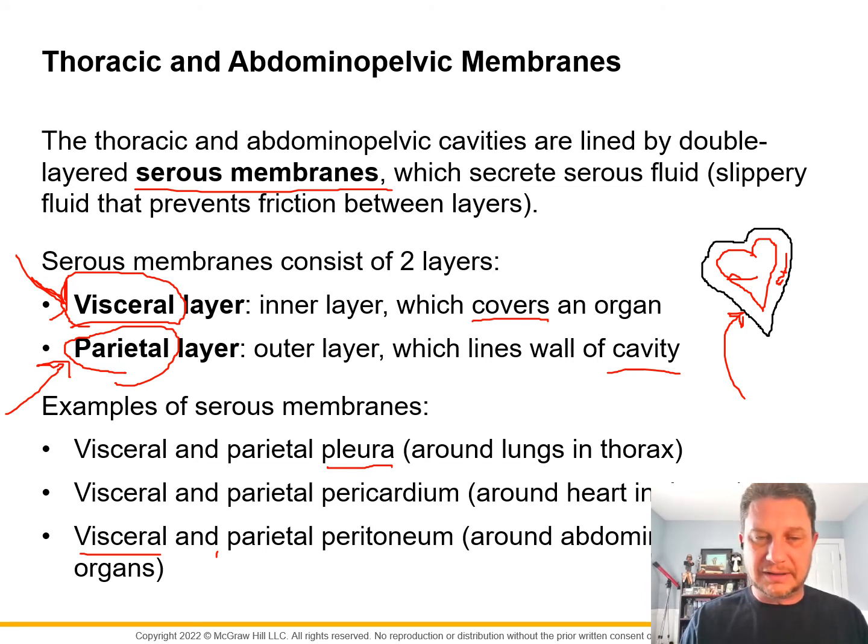If I'm talking about the one that is lining or making a cavity, it is the parietal peritoneum. So there are 6 different membranes in these 3 systems. The first word describes whether it is on the organ or forms the cavity. The second word tells us which organ we're talking about.